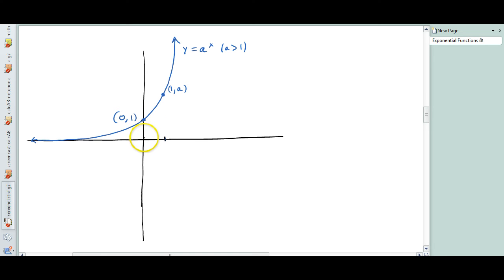Here, let's recall the geometrical property between the graph of a function and the graph of its inverse: they are symmetrical with respect to the line y equals x. This is the line y equals x.